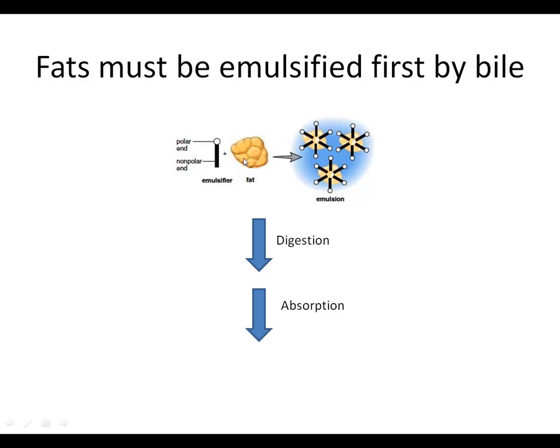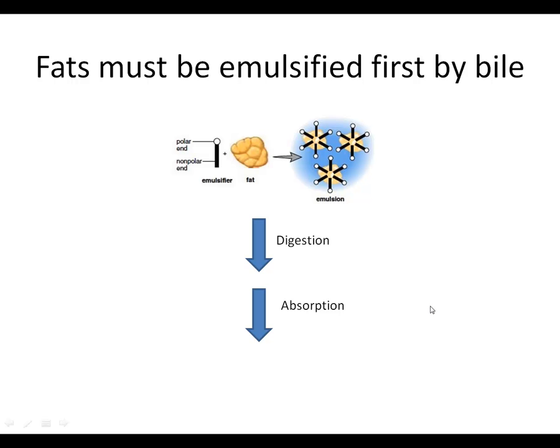So in the small intestine, bile is secreted into the small intestine from the gallbladder, and that bile will interact with the fats and break them up into globules. Once it's broken up like this, the triglyceride bonds are susceptible to digestion.